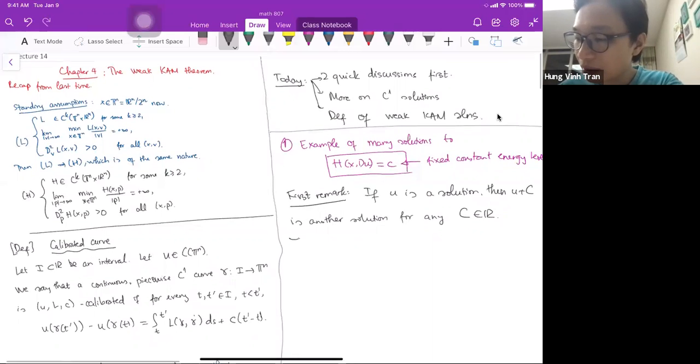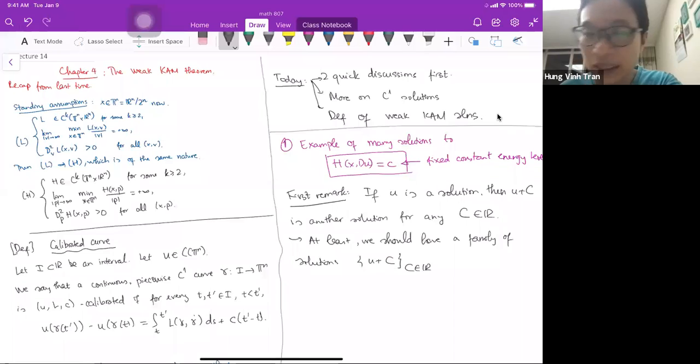So this means that at least we should have a family of solutions, say u plus c for c in R, given that we have on the first hand one solution.